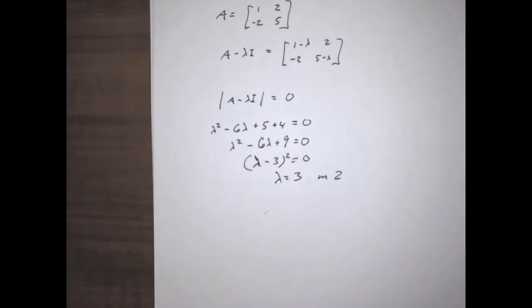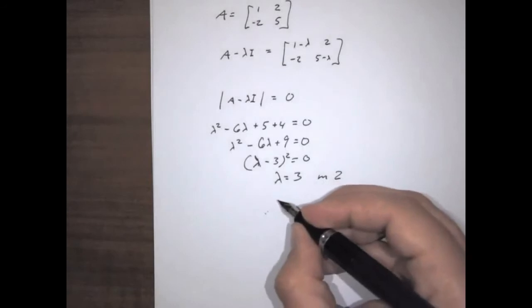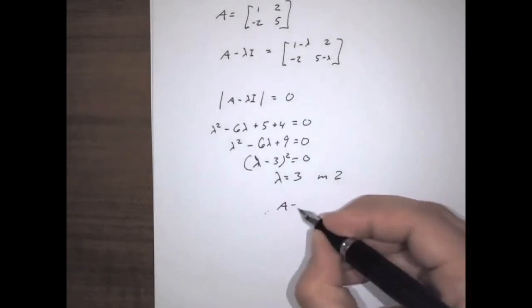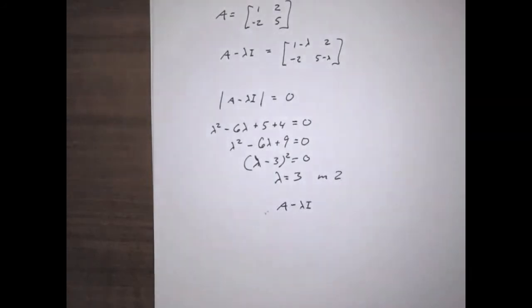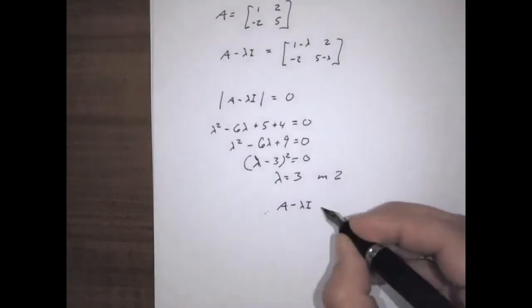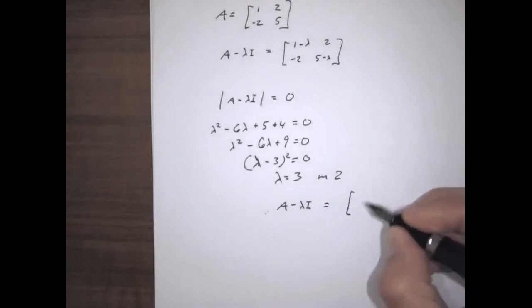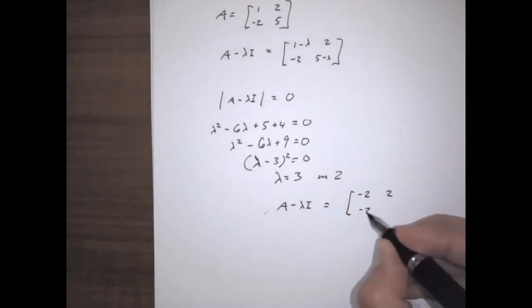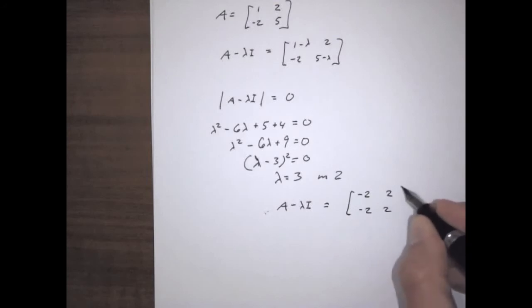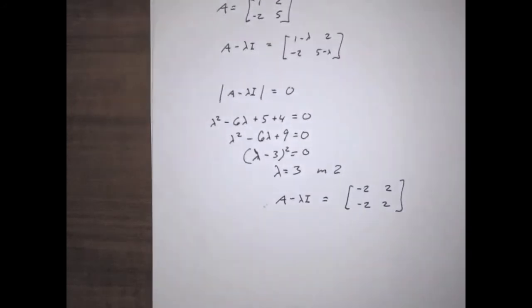Now we can figure out right away, once we look at A minus lambda I, whether this is going to be defective or not. That's going to give us negative 2, 2, negative 2, 2. Since our two rows are exactly the same, it's clear that this is defective, because how am I going to make two linearly independent eigenvectors out of this?